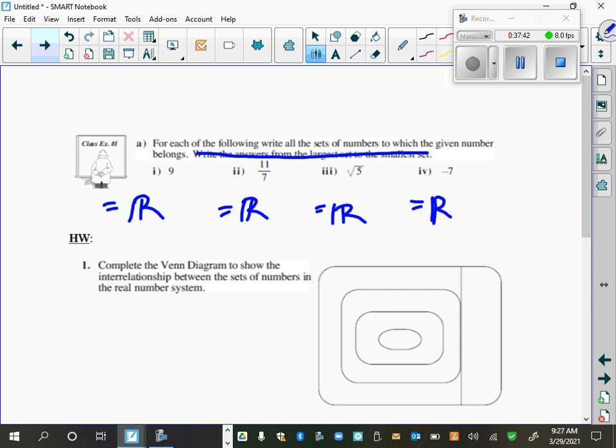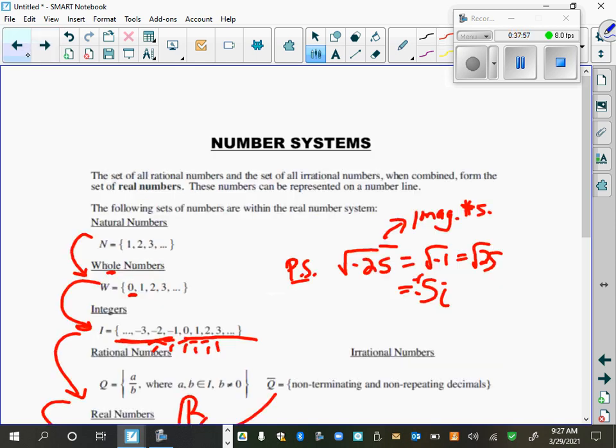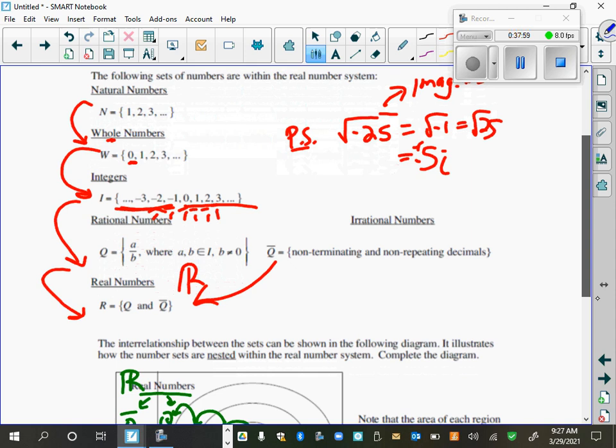Okay, let's look at the first one. Did I say 7? 9. My favorite number. Okay, so you go through the number systems. Is 9 a natural number? Yep. Is 9 a whole number?